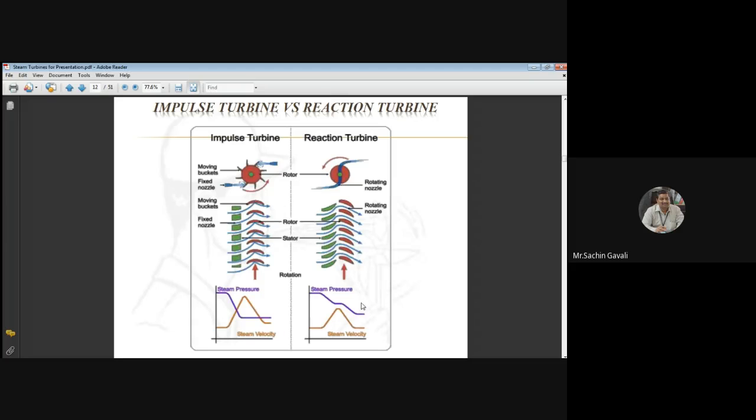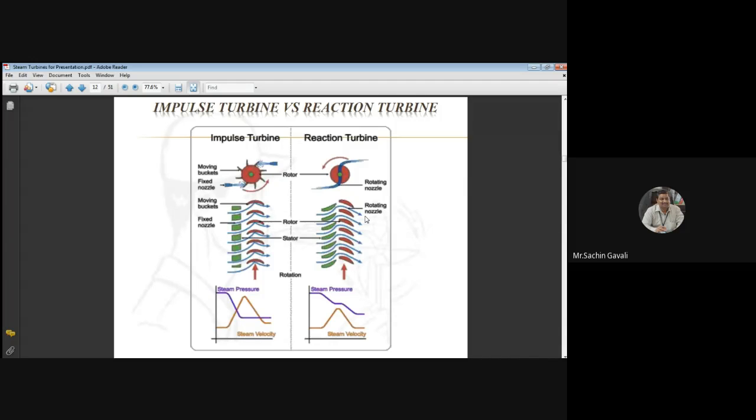Now the reaction turbine. There is a nozzle. We know that impulse blades are symmetrical, and asymmetrical, aerofoil-shaped blades are used for the reaction turbine. Here the fixed blades act as a nozzle, and the moving blades have an asymmetrical shape. There is a passage through which the area at the outlet side goes on decreasing.